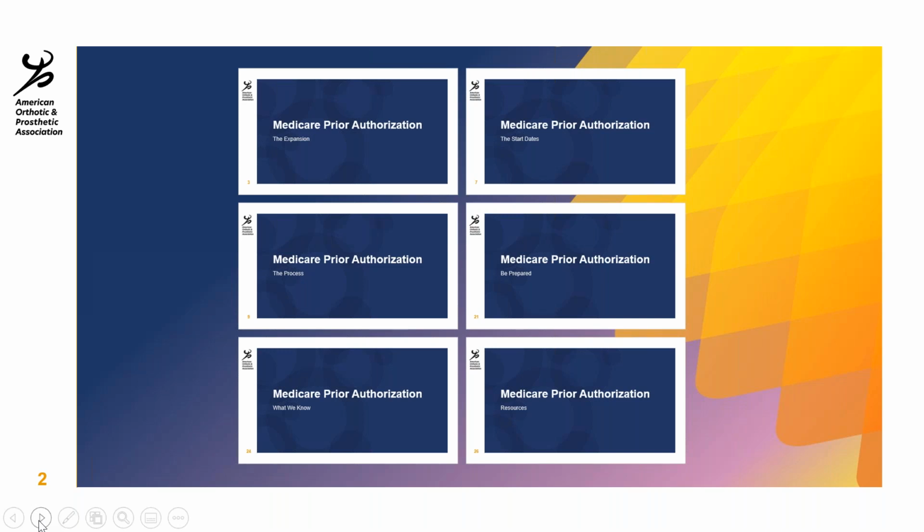Devin will then take over and cover the process of how to submit a prior authorization request to the DME MAC. He will continue with talking about how you can be best prepared in your O&P practice to be successful in the program.